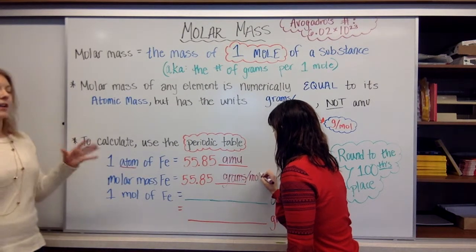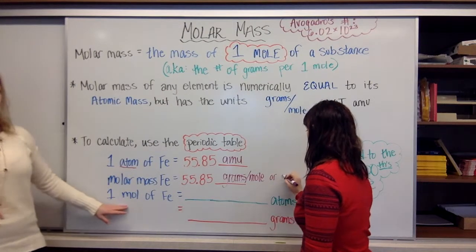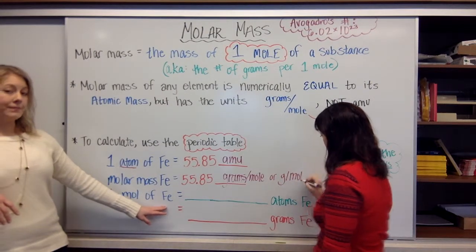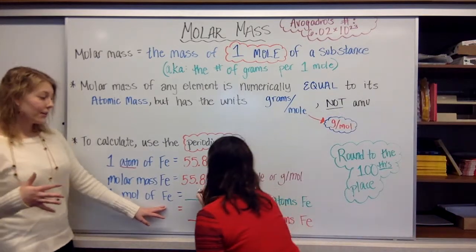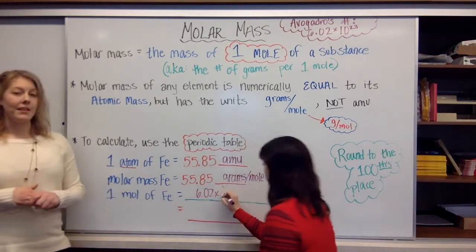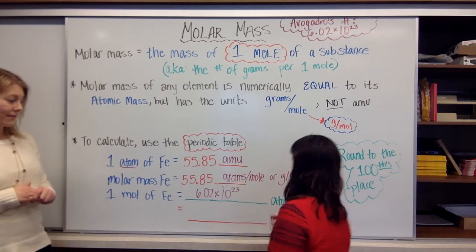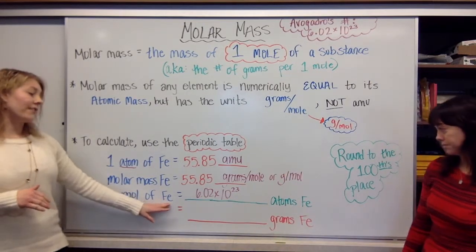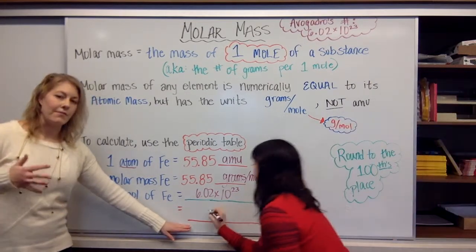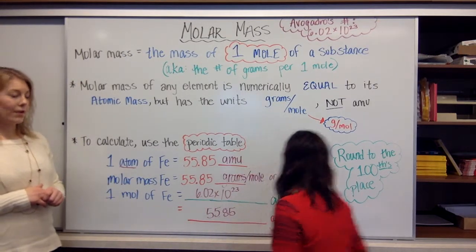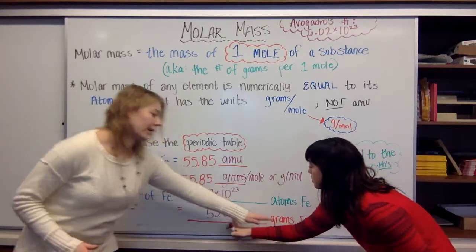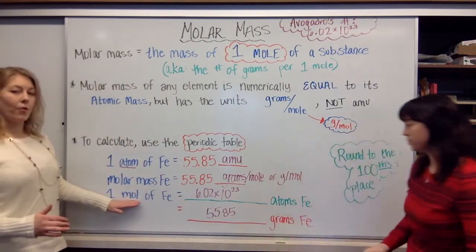Now, if we break that down and add all of this together, we know that 1 mole of iron is equal to Avogadro's number in atoms, so 6.02 times 10 to the 23rd atoms. 1 mole of iron is also equal to 55.85 grams. The reason I'm not putting grams per mole here is because we're already talking about the 1 mole.